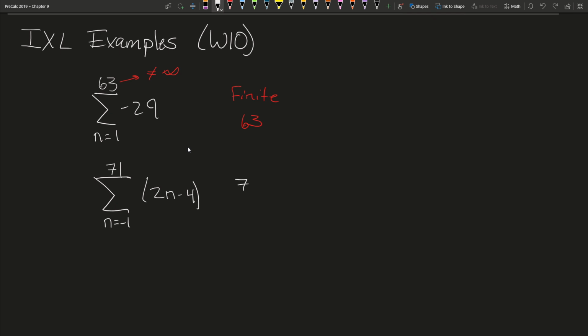So there's really 73 terms. So we have to be careful about where our terms actually start and where they end. And that's kind of like part of the question.